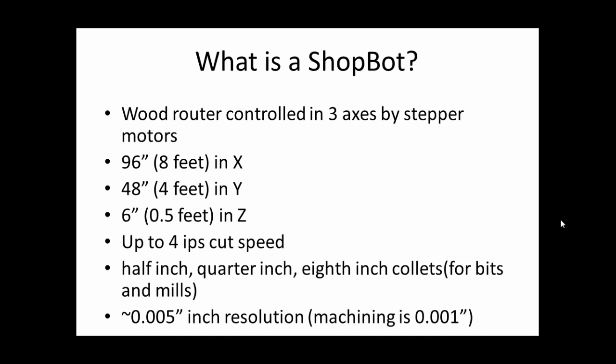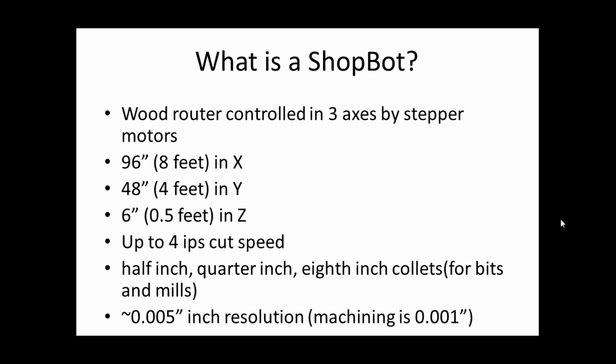The cutter head will still move in the X, Y, and Z, but then the table might rotate, and the cutter head might also rotate instead of just moving up and down, left and right. Those are much more expensive machines, and in all honesty, they're for specialized things. If we could afford a $250,000 machine, it'd be awesome to have, but our CNC machine is only $20,000, which is much more manageable for us.